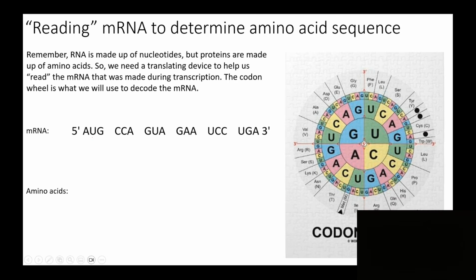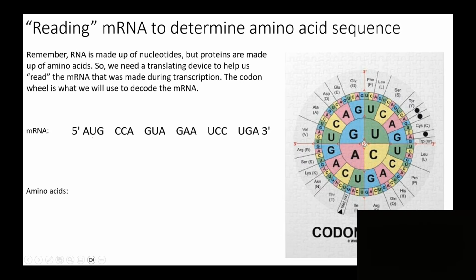All right, so if I gave you this sequence and asked you to tell me what the amino acid sequence is going to be based off of this message, what would you do? Well, the first thing you want to do is always divide your messenger RNA into sets of three, into codons. I space it out for you this way for this particular slide, but normally the letters are all right next to each other.